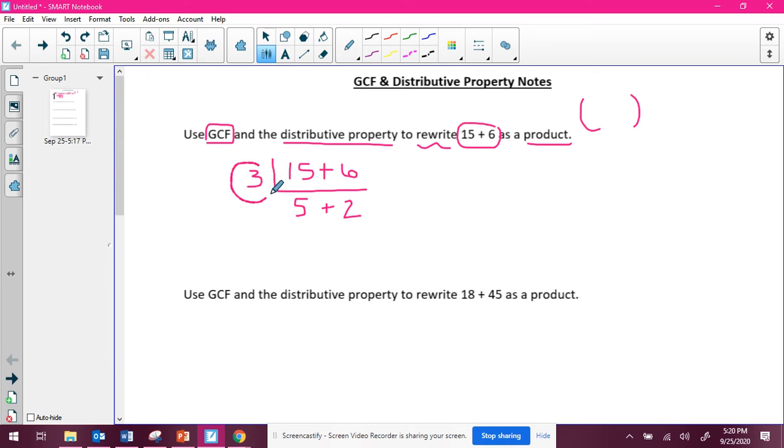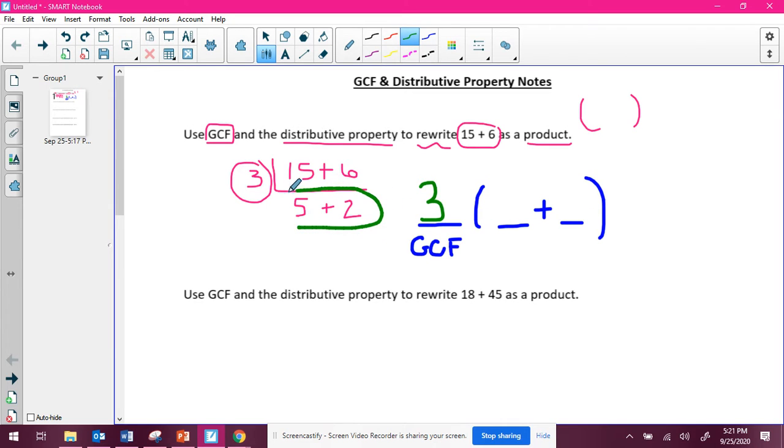We have our GCF. To rewrite, we want to have a number on the outside, parentheses, and then 2 numbers on the inside being added together. This number right here is going to be the GCF, and that number is 3. Then the 2 numbers on the inside are going to be these 2 numbers right here.